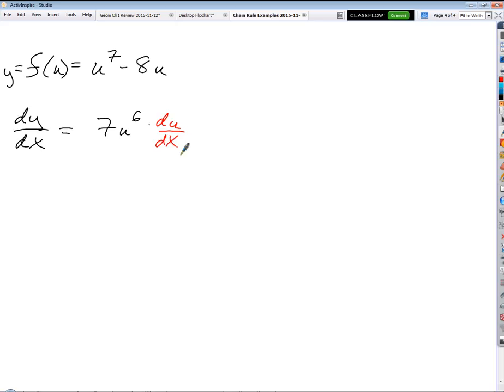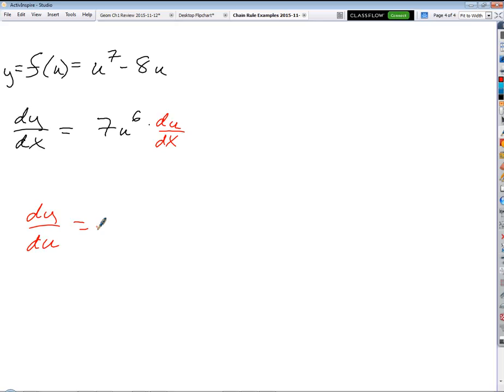So when we first started derivatives, our answer for that one would just be 7u to the 6th minus 8. That's because it was always x. Exactly. Now we're doing it where it's a different variable. Perfect. Okay, so if I had given you this problem and said calculate dy du, that would have been easier in a way, right?